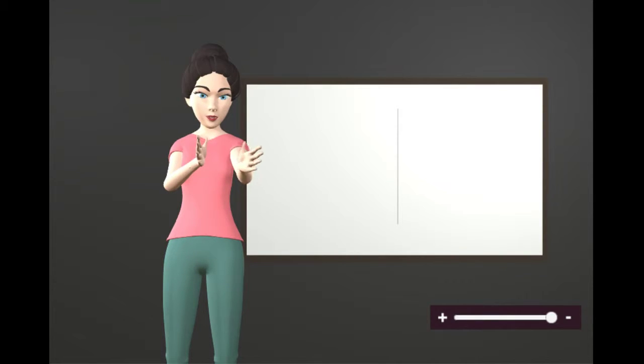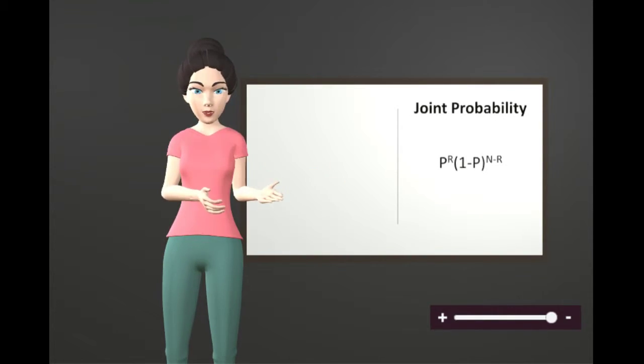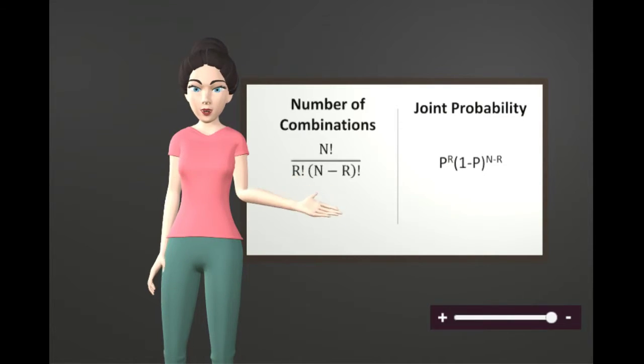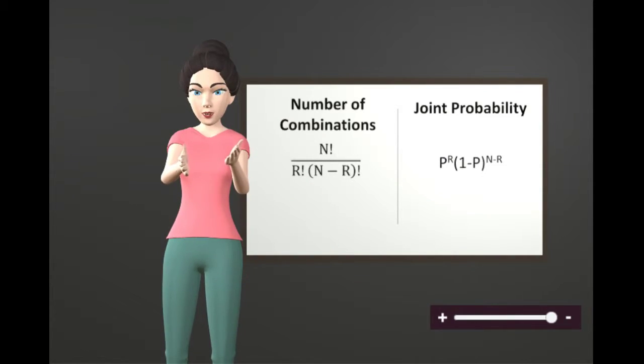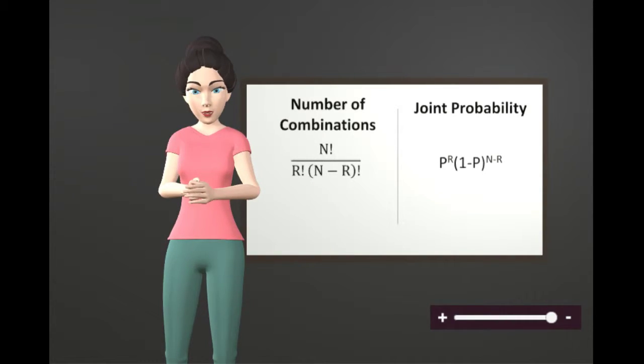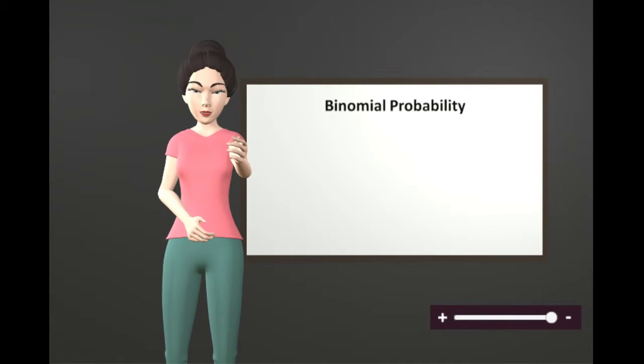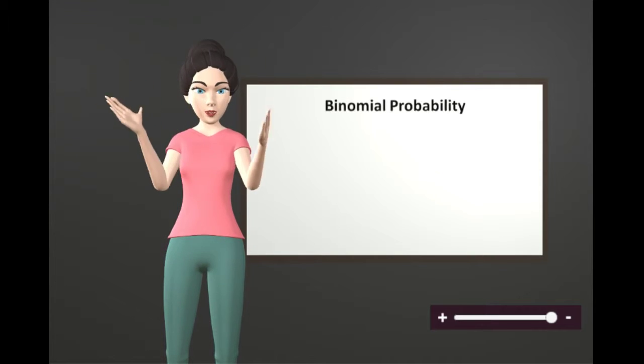Now you see how to compute the joint probability of a particular sequence that has r successes in n trials, such as failure, failure, success, and how to compute the number of combinations in which a sequence has r successes in n trials, such as 10 ways to get 2 successes out of 5 trials. As the final step in computing binomial probability, you just put those 2 parts together.